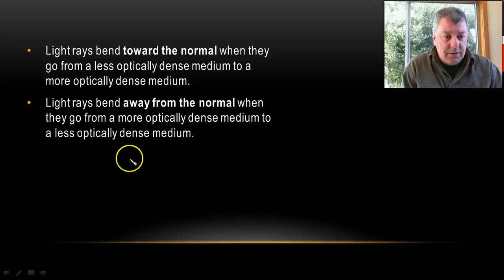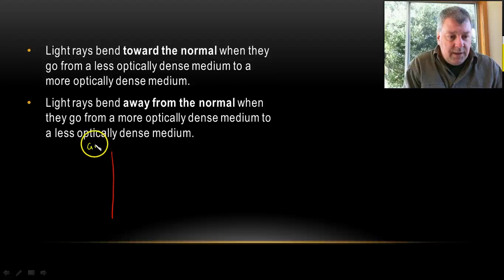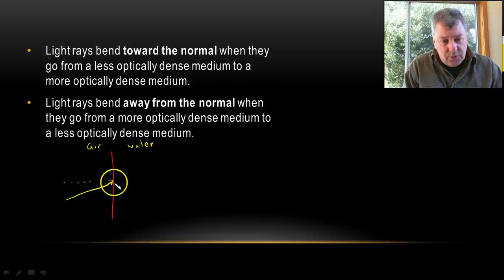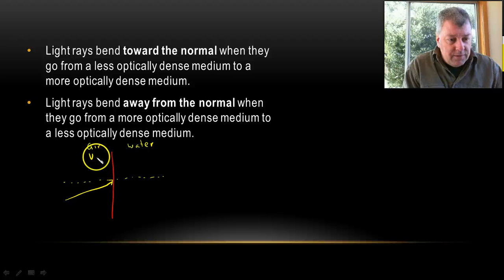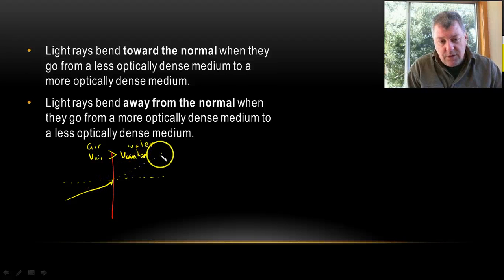If we're going from air to water, the light ray comes in, this is our normal, so the velocity in air is much greater than the velocity of light in water, and therefore the beam, if that's the continued path, is going to bend towards the normal.